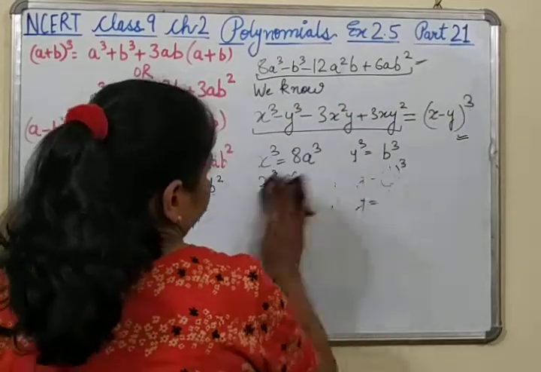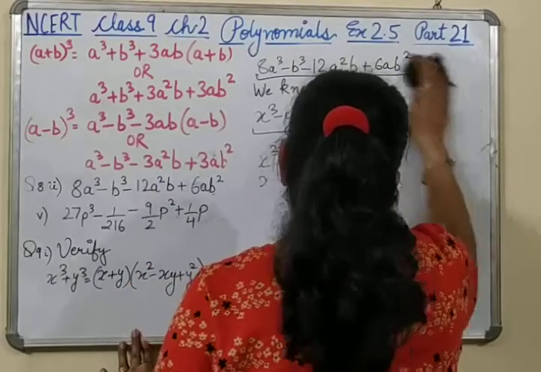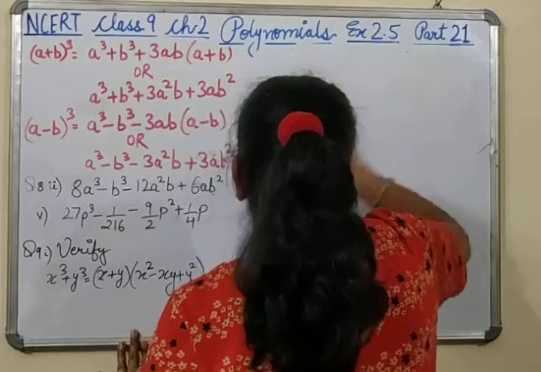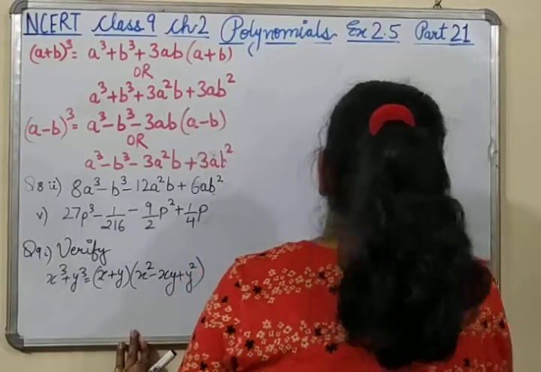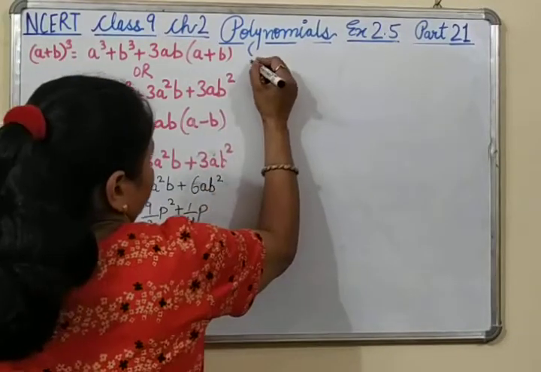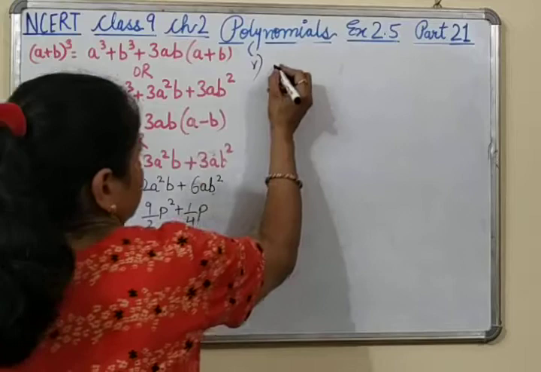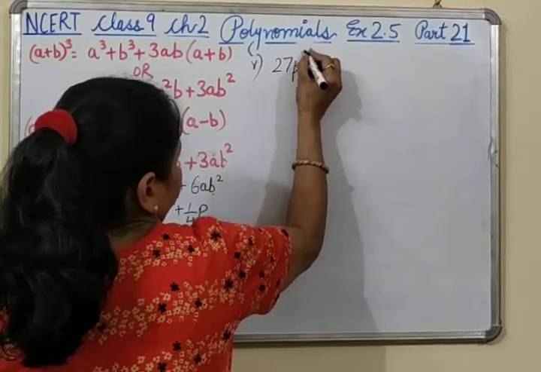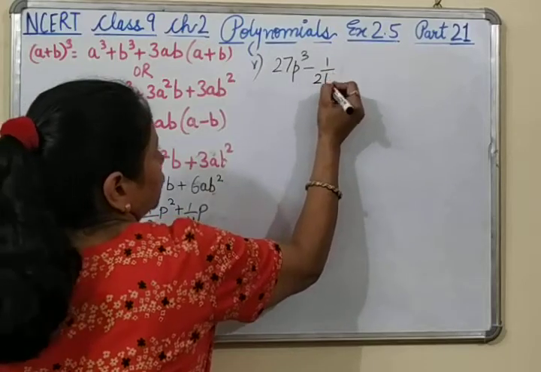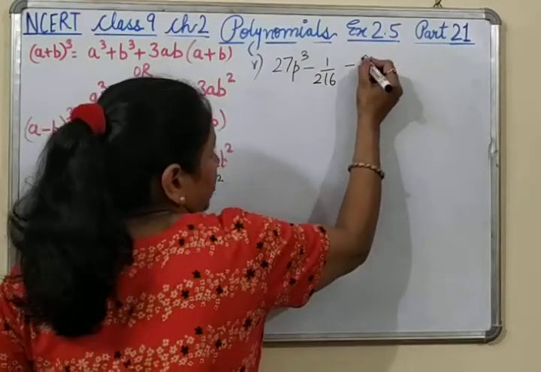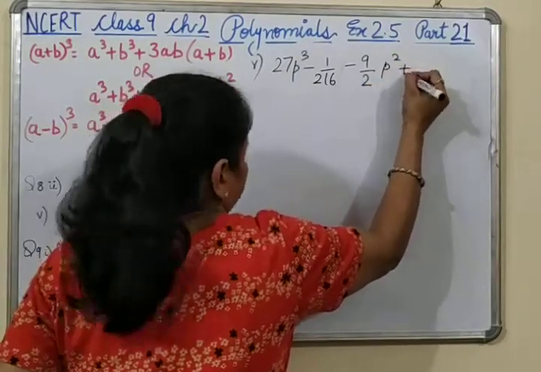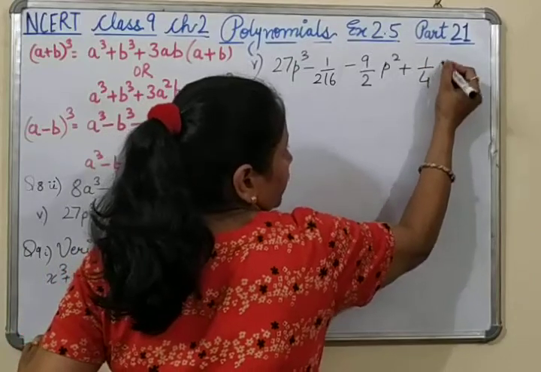Now quickly look at the question and try to find out which identity we are going to use in this question, the fifth part of question number A. I have taken this part because it is in fractions and you may find it a little difficult to do, but it is as simple as your ABC.